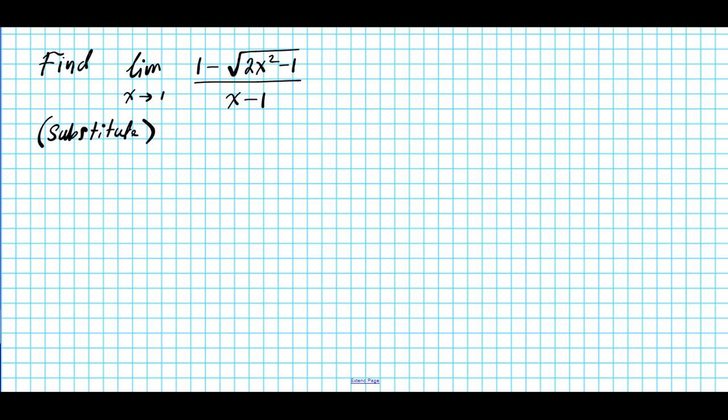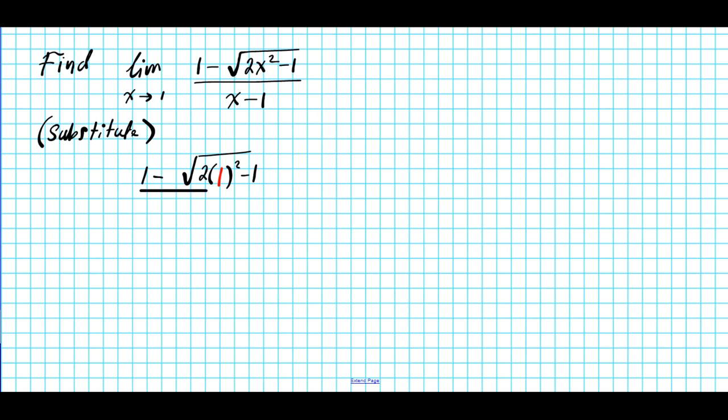We're going to substitute 1 for all the x's in this expression right here. So we'll have 1 minus the square root of 2 times x squared. So instead of x, we'll put in a 1. Square, minus 1.